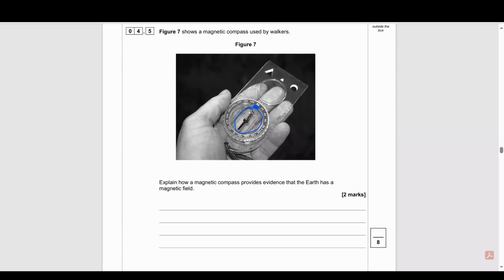Now, if you make sure that there is no magnet near the compass, it will always be facing in that north pole direction. So that means that it's attracted to something that is existing on Earth. And that's the magnetic field of the Earth. If you take a magnet near the compass, then it will start to move the needle towards wherever that magnet is.